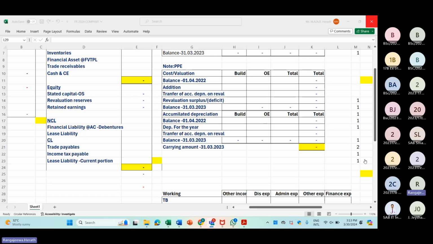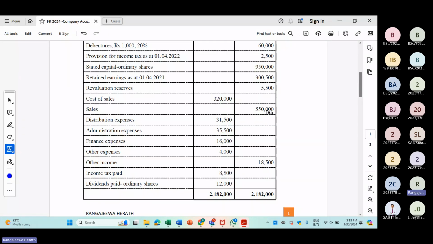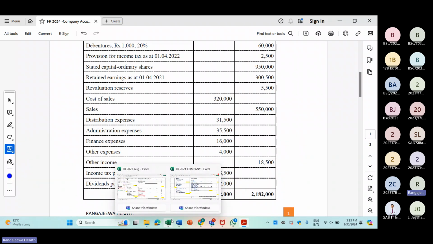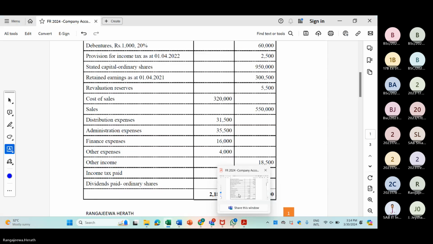Right now here we can start with the given trial balance figures. Distribution 31,500 and other income 18,500. Okay, you can start with other income 18,500 and distribution 31,500.